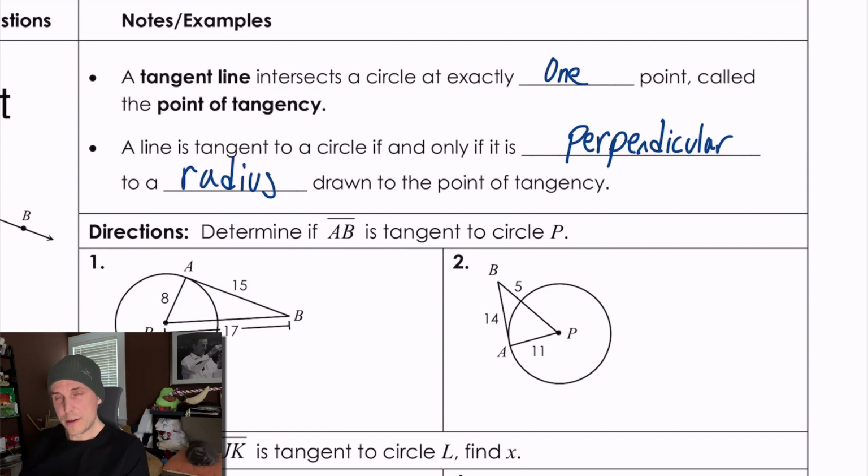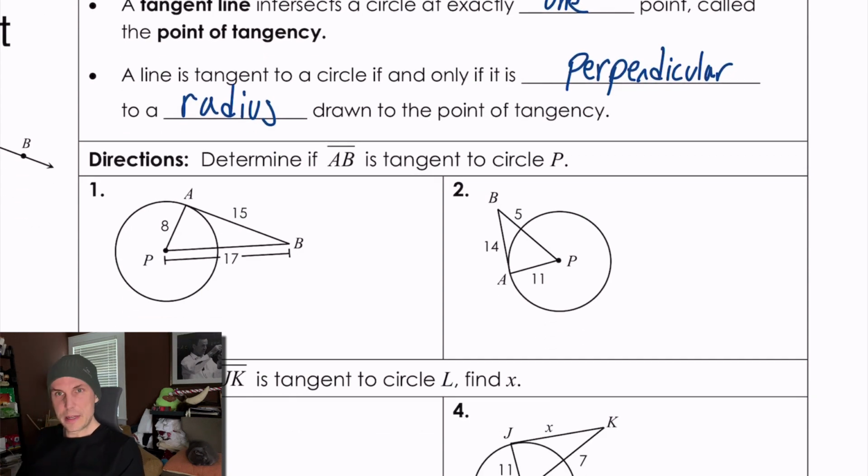So that's a really fun and interesting property. Once again, perpendicular means forms a right angle, and if you get a right angle, then now we might have a right triangle. And if we have a right triangle, Pythagorean theorem is in play, so be on the lookout for that.